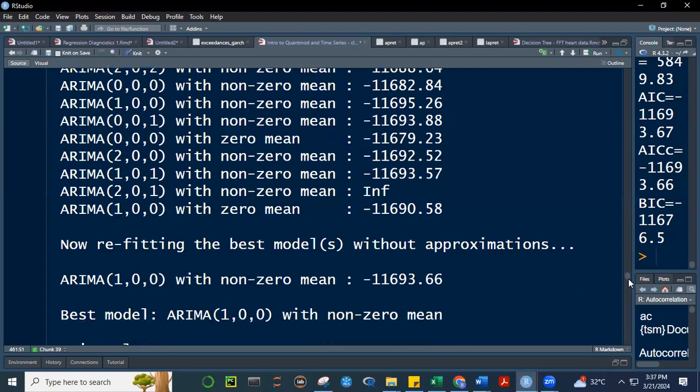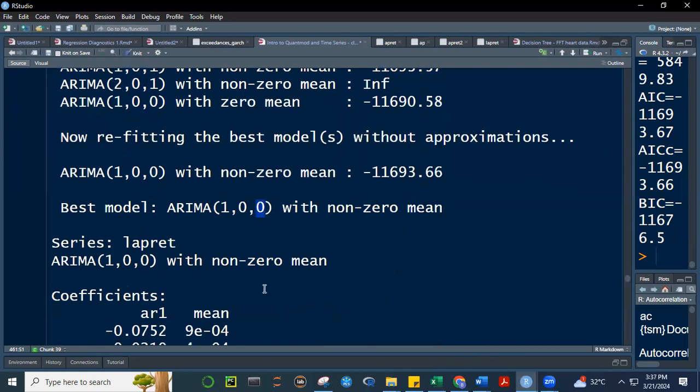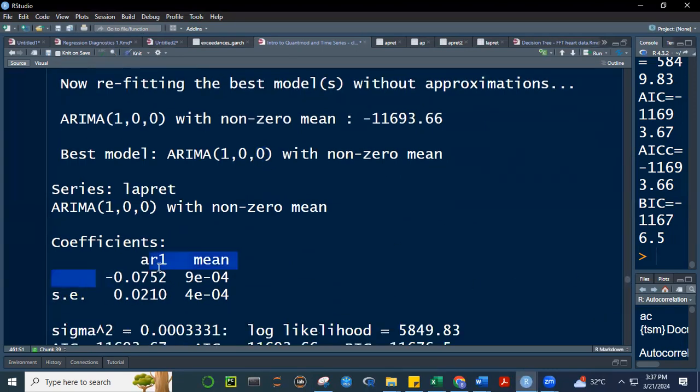And the best model is AR(1,0,0). This is our P: order 1 for the AR process, 0 order for the MA process, with non-zero mean. And these are the coefficients: this is the coefficient for your AR1, and this is the coefficient for the mean.